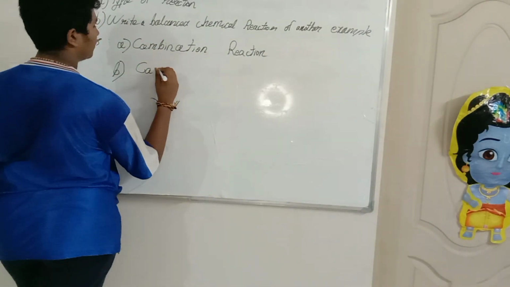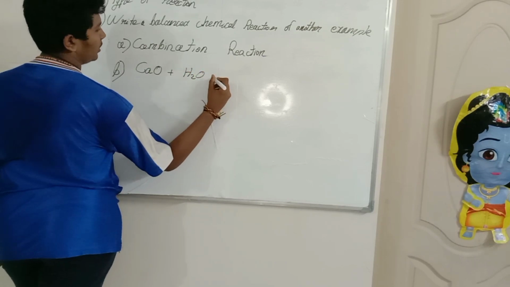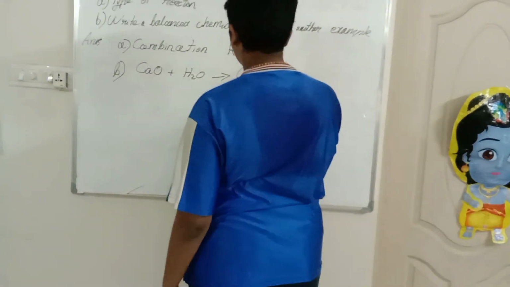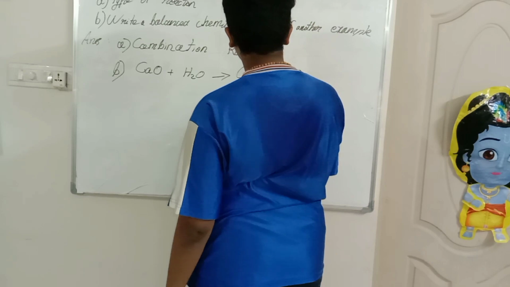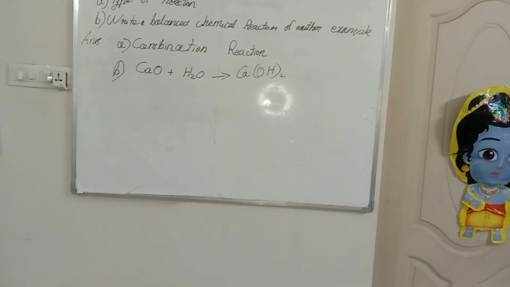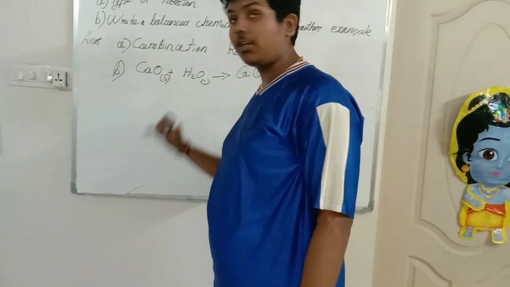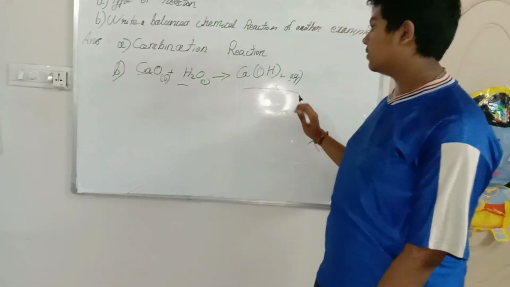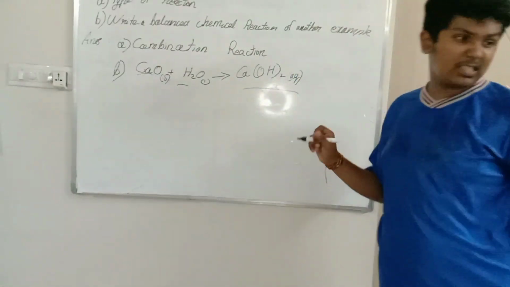CaO plus H2O gives you what? Calcium hydroxide, right? Isn't it? It is not a solution, it's solid. Sorry. So this solid, liquid and aqueous. When you try to balance a chemical equation, you will also have to write the states.